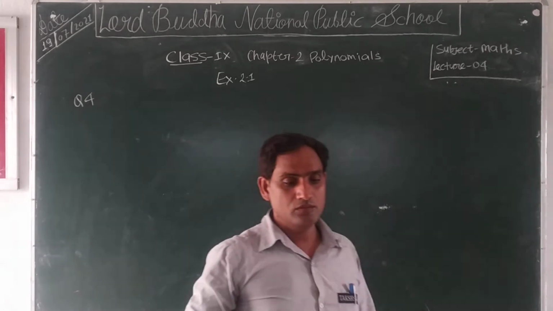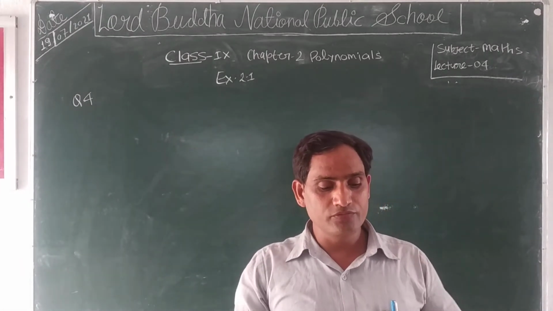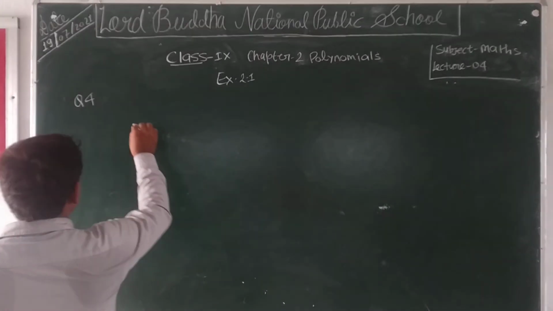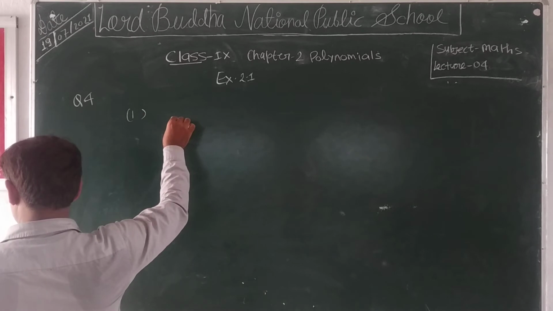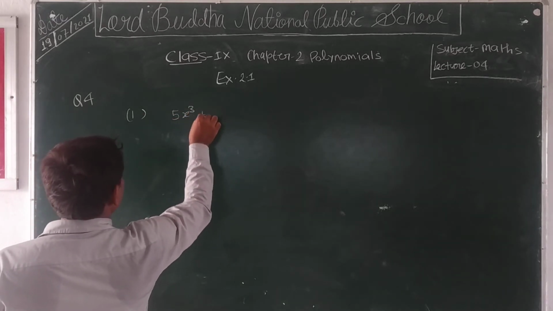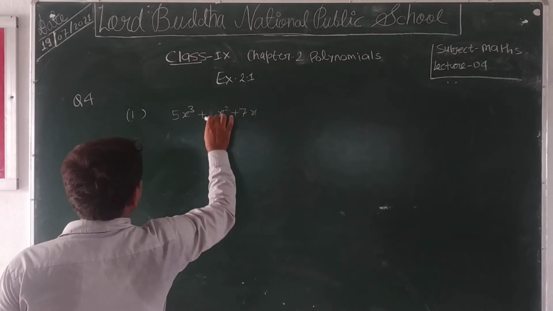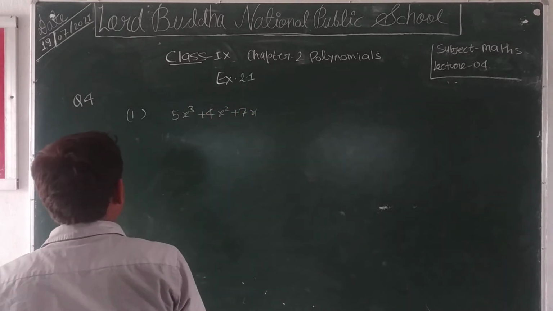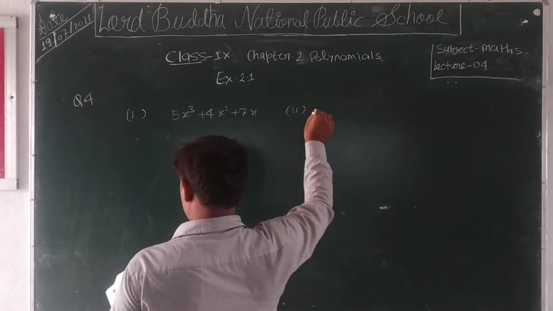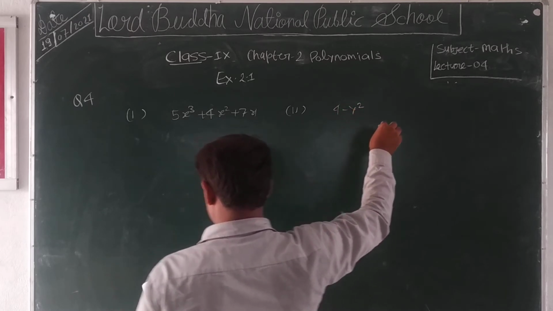Question number 4 is: write the degree of the following polynomials. First part, 5x cubed plus 4x squared plus 7x. Second part is 4 minus y squared.